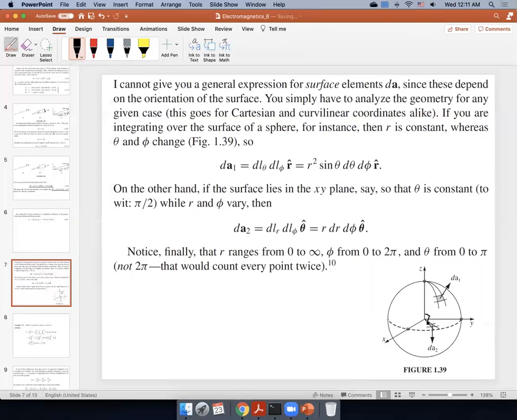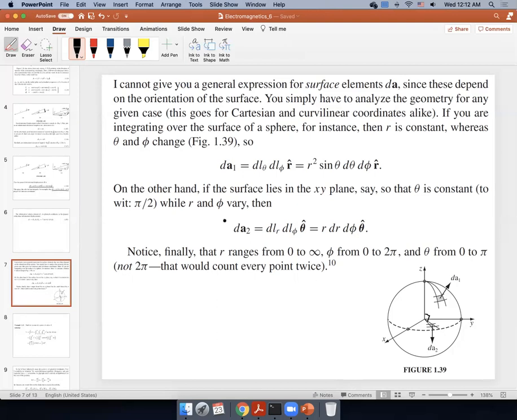It doesn't change no matter if the vector is moving from here to there. So theta is always 90 degrees. The only thing that changes is r. So r changes from here to there by dr. And then let's say phi also changes, from here to there by a small d phi.